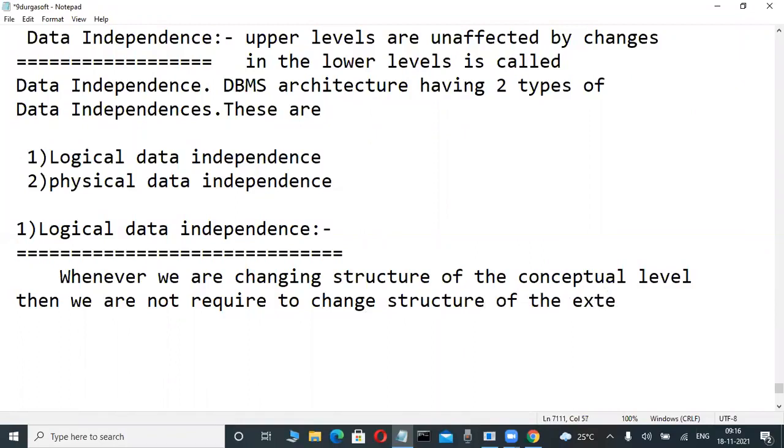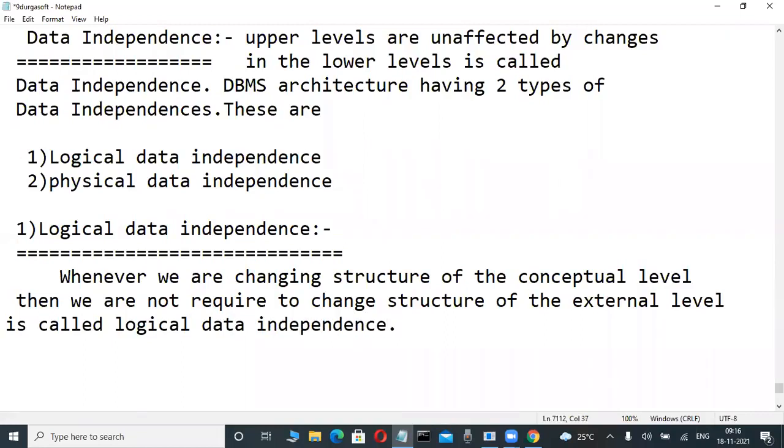That is called logical data independence.